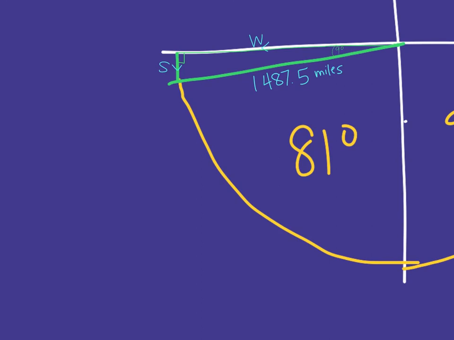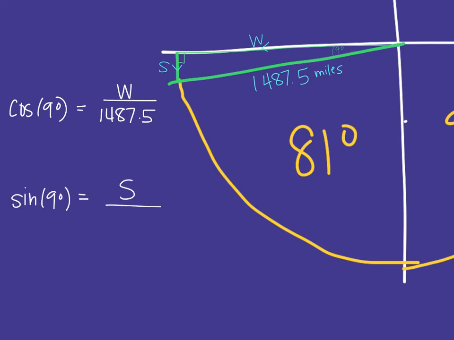We know the west is adjacent, so we'll do cosine of 9 degrees is the west side over 1487.5. And we know the south side is the opposite, so that would be sine of 9 degrees, the south side over 1487.5. Okay, and then cross multiply and you got your answers.